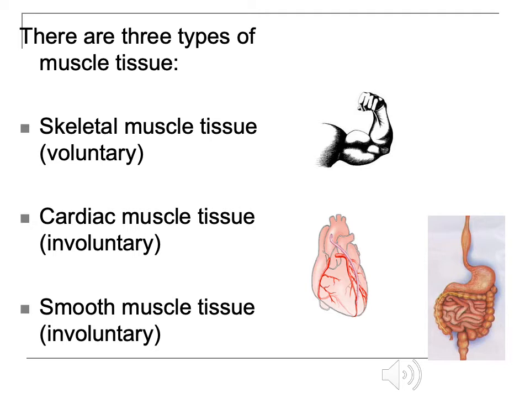From this point onwards, we are only going to be talking about skeletal muscles. Because we're interested in the study of sport and exercise, it's these muscles and their ability to cause body movements that is going to be very, very important.